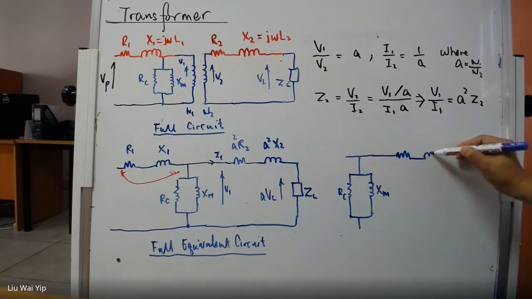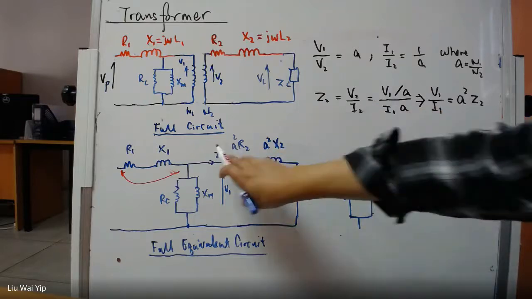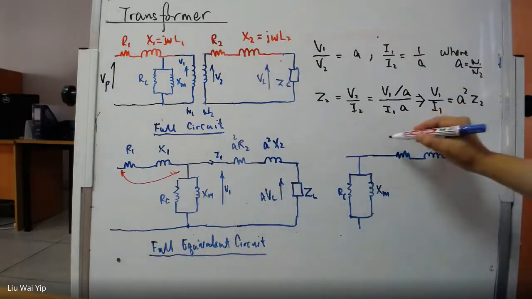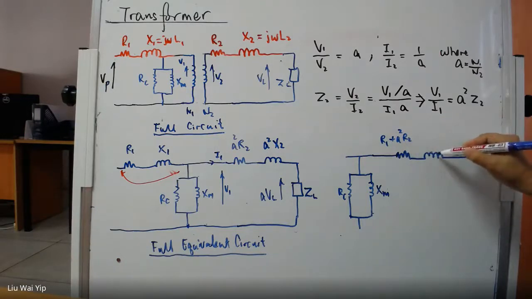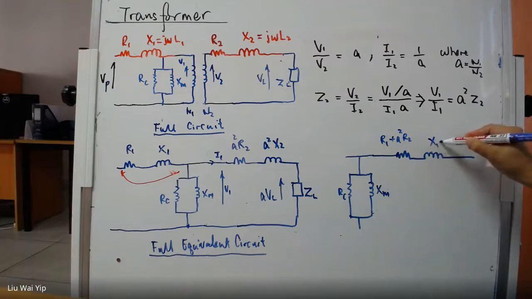And this guy here will be the sum of these two impedances. And this guy here is X1 plus A squared X2.